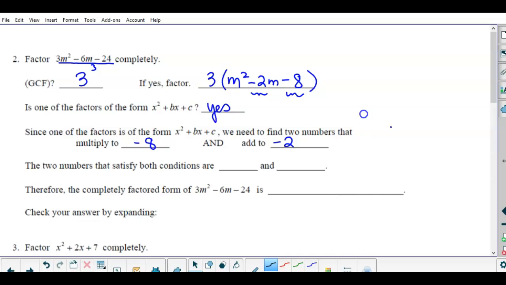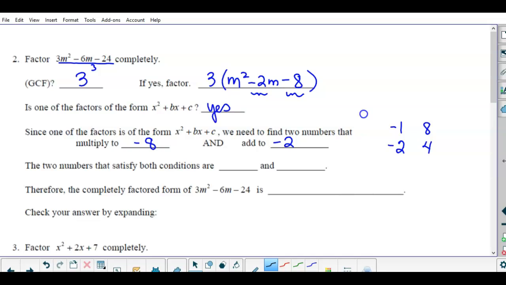So you might want to start with negative 1 and positive 8. Does that add to negative 2? No. So then negative 2 and positive 4. That adds to positive 2. So what could I change so that it would work?